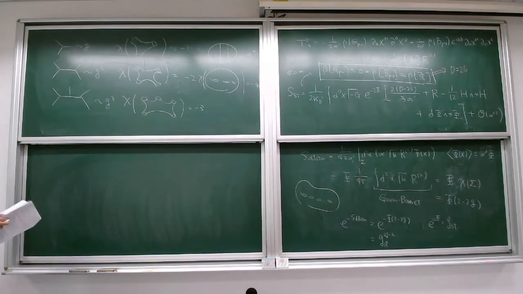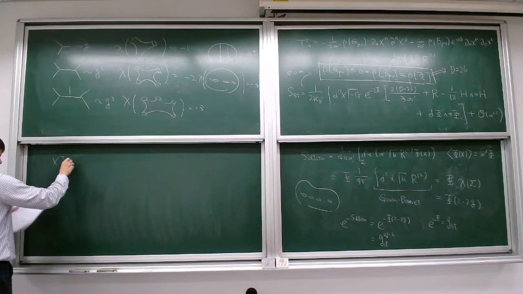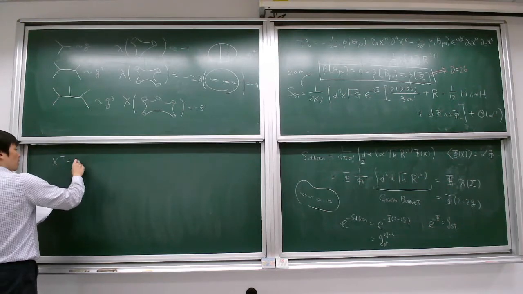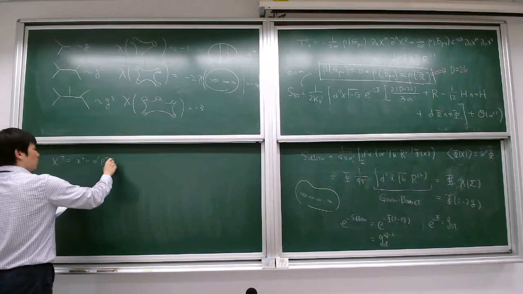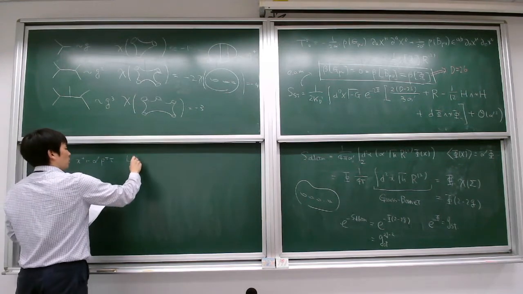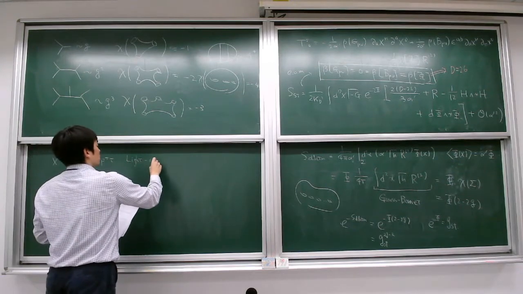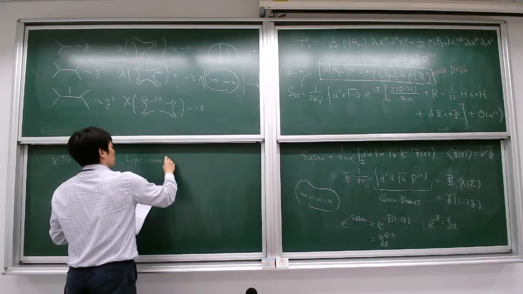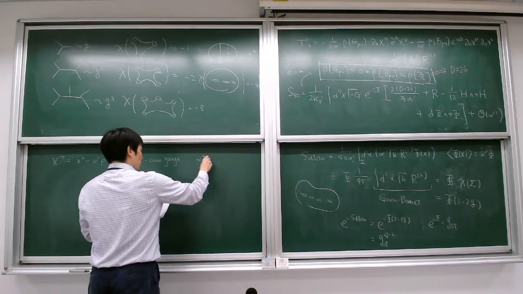In the first lecture, we just introduced the so-called light-cone gauge. As I mentioned, light-cone gauge means you fix X plus equal to alpha prime p plus tau, so that alpha plus n has to be 0.